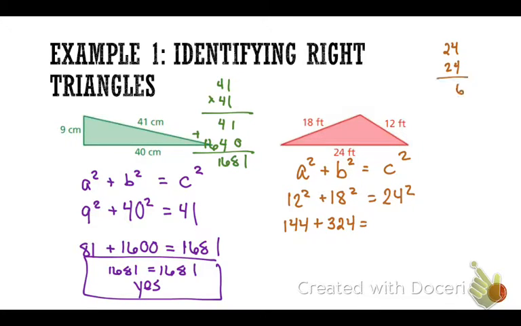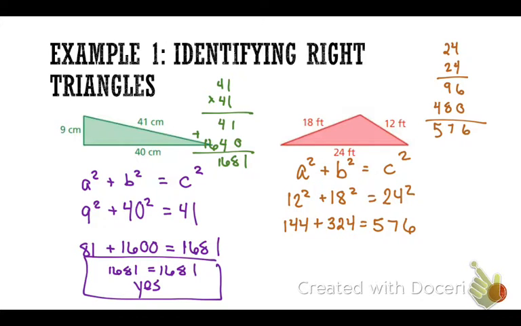So you get 1696. Should take you less than a minute to do that multiplication. So you get 576. Now what is 144 plus 324? You have no calculator. You got to do it by hand. What is it? 468.